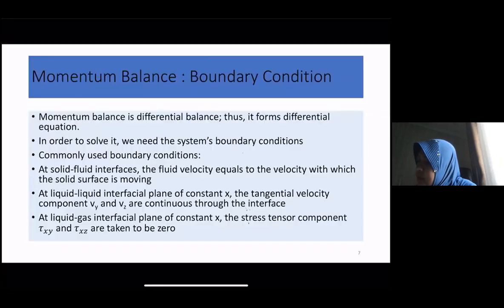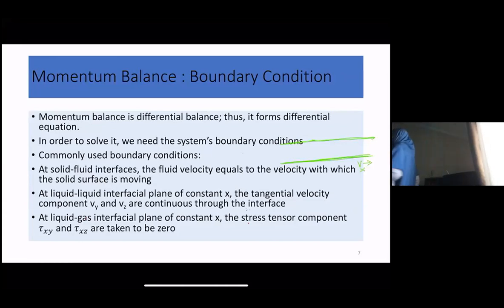At the solid and fluid interfaces, the fluid velocity will equal the velocity at which the solid surface is moving. For example, in a parallel plate, if the plate has velocity vx, then the fluid velocity at the solid interface would be equal to the velocity at which the solid surface is moving.